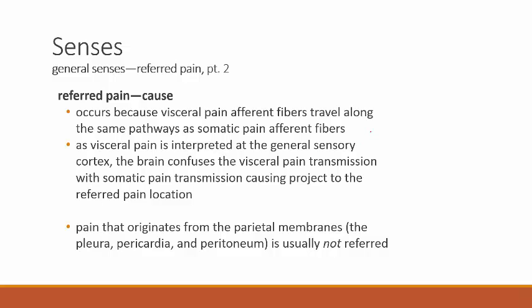And so there can be some confusion once those signals reach the brain about what's happening. And so projection of the pain sensation can go out to an inappropriate region.